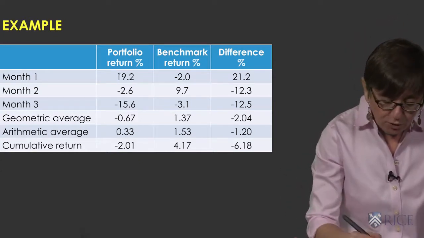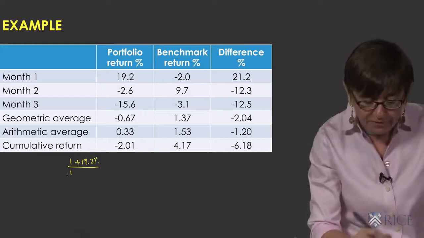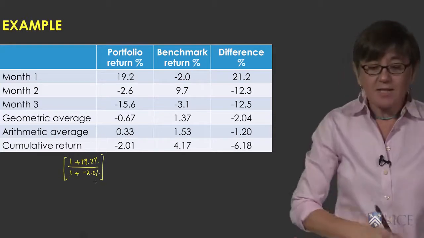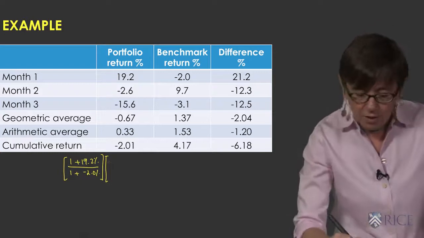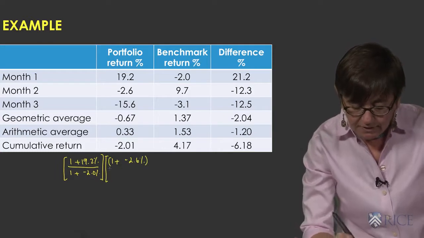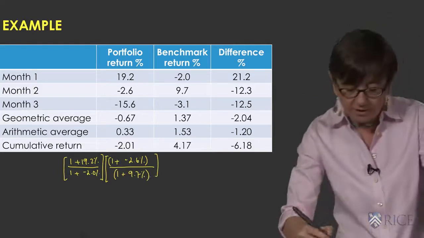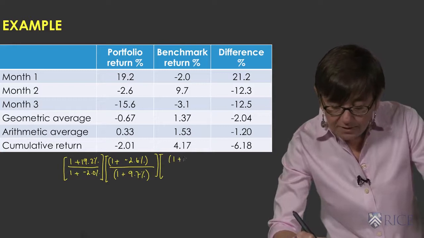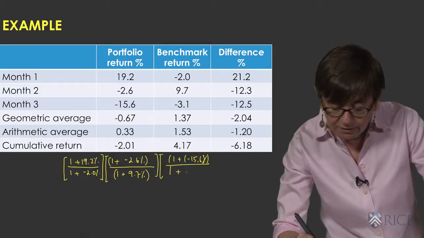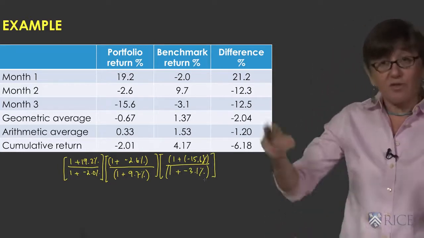The first is 1 plus 19.2%, the portfolio return, divided by 1 plus the benchmark return of 2.0%, times the second period, 1 plus minus 2.6% divided by 1 plus 9.7%, times the third period, 1 plus minus 15.6% divided by 1 plus minus 3.1%. So that gives us the 3-month period.